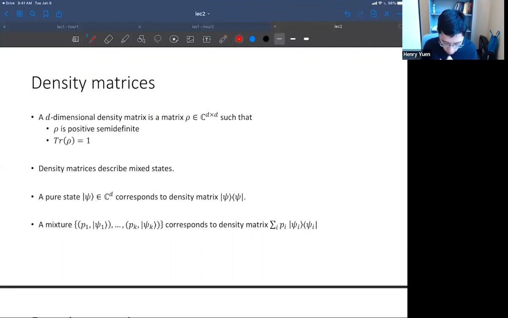Okay. Density matrices describe mixed states in the following way. If you have a pure state, some unit vector psi, then the density matrix corresponding to that will be the outer product ket psi bra psi. If you remember from last time, it's also a projection onto the state psi.